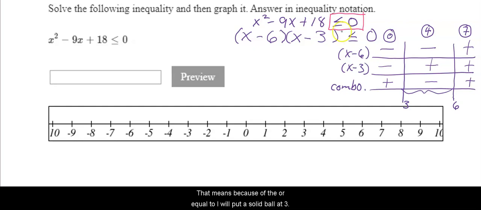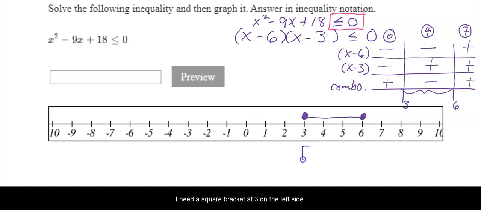That means because of the or equal to, I will put a solid ball at 3 and a solid ball at 6, and I need to stay between them, so I will connect between like that. Now I need to put it in interval notation. I need a square bracket at 3 on the left side, comma, stop at 6, and square bracket for the solid ball.